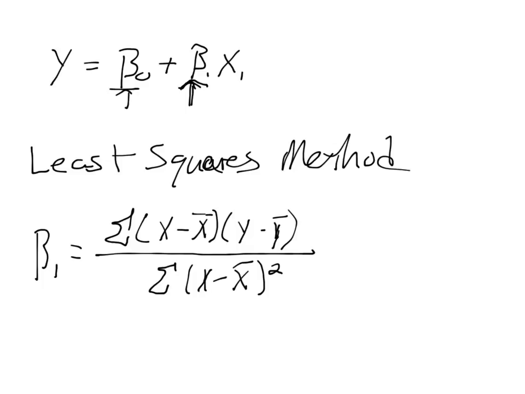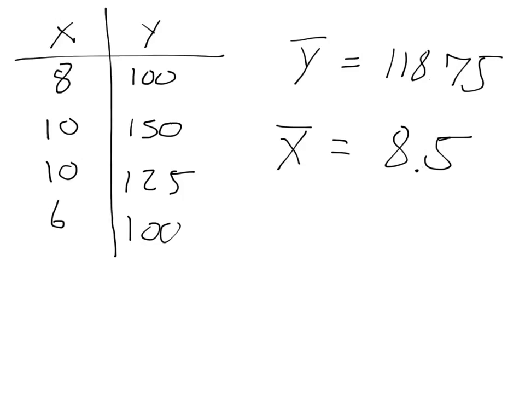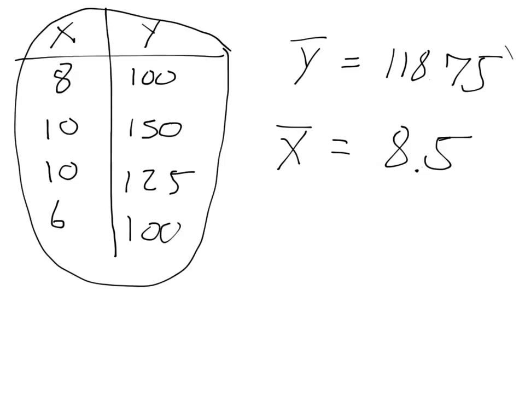And this will give us an estimate of beta 1. So from our previous page, we are going to need these values and these values.